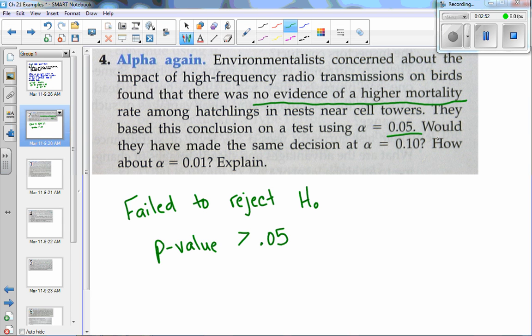So then we're asked, would they have made the same decision at alpha equals 0.10? Well, we don't really know, because all we know is that the p-value is greater than 0.05. So they would have made the same decision if the p-value was greater than 0.10. So the answer to part A, we don't know.